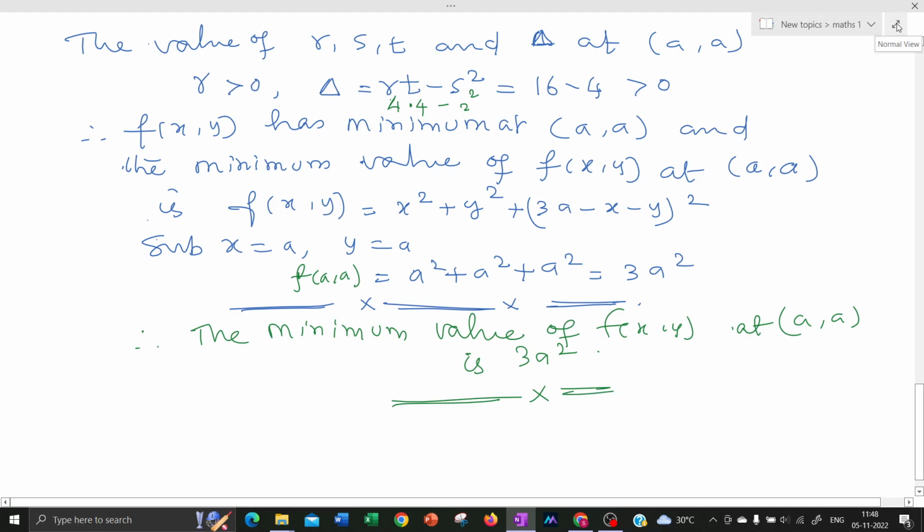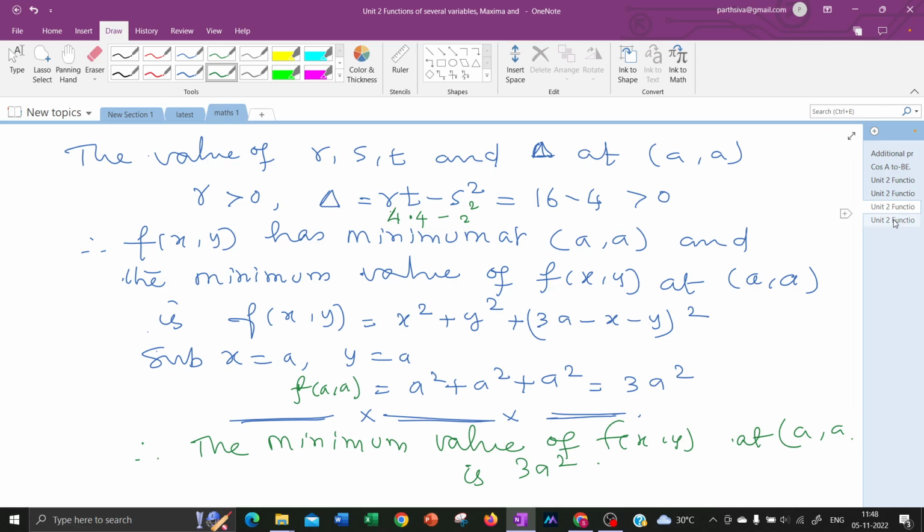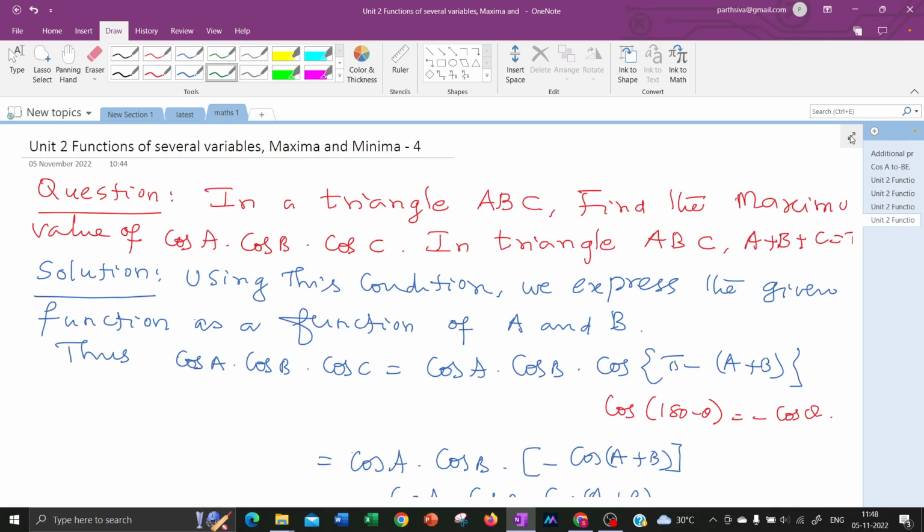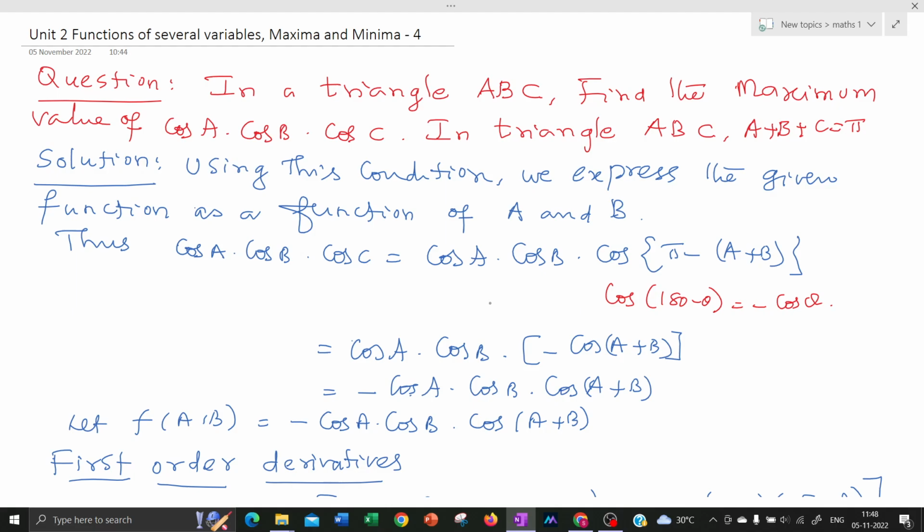In the similar manner, we can discuss one more problem. Many times the same problem is repeated in the university examination. See the question. In a triangle ABC, find the maximum value of cos A cos B cos C. In triangle ABC, A plus B plus C equal to pi.